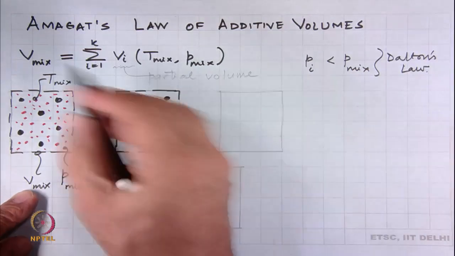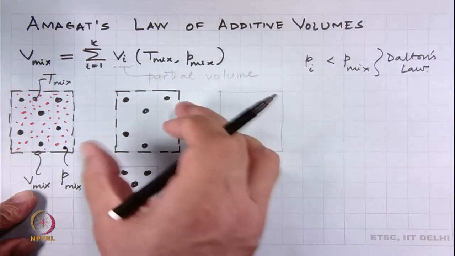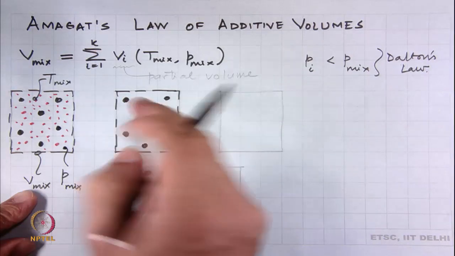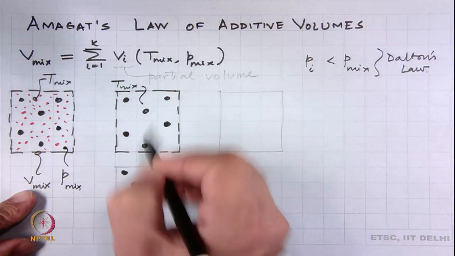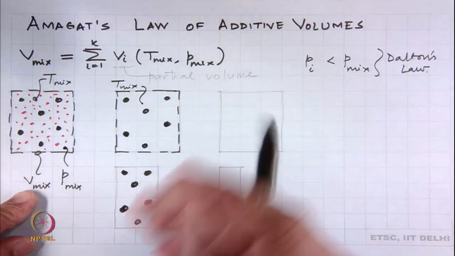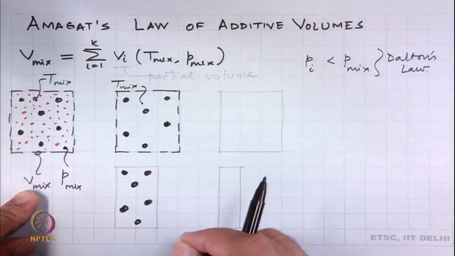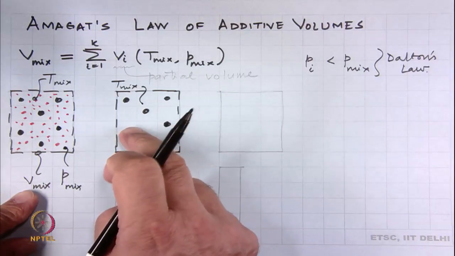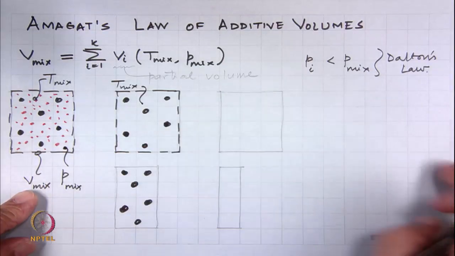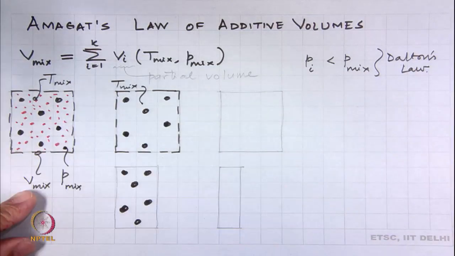And this is what Amagat's law says, that if you were now to maintain the same temperature T mix and maintain the same pressure P mix, then the volume that this species would occupy, if added for all the species, will equal the volume of the mixture.